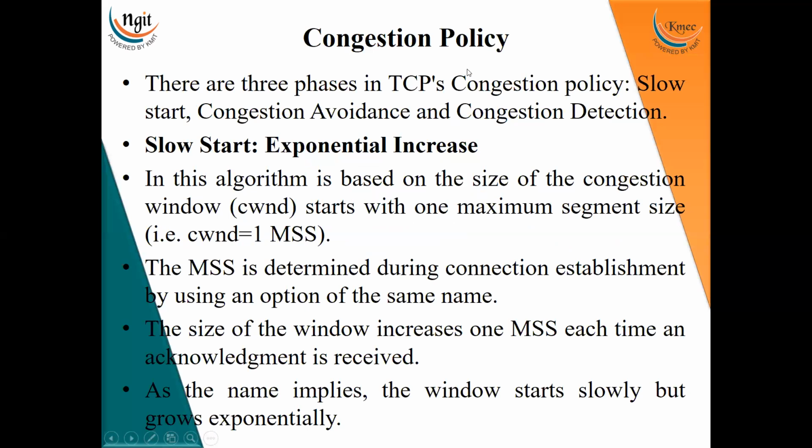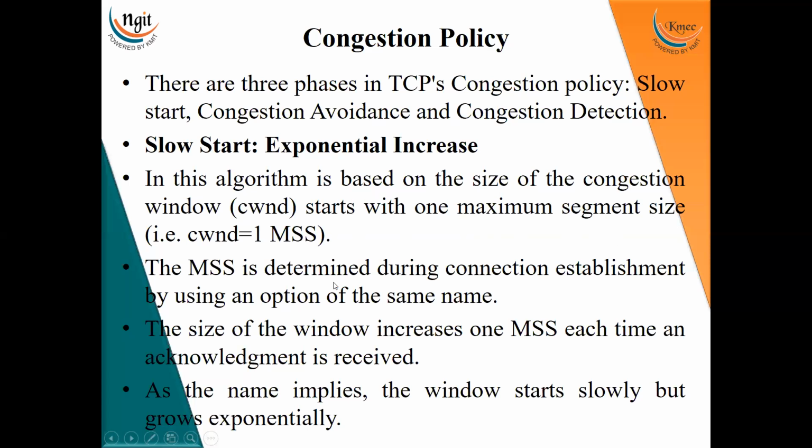Now what is meant by the congestion policy? There are three phases in TCP congestion policy: one is slow start, another is congestion avoidance, and the third is congestion detection. What is meant by slow start? It is an exponential increase. This algorithm is based on the size of the congestion window. It starts with one maximum segment size.